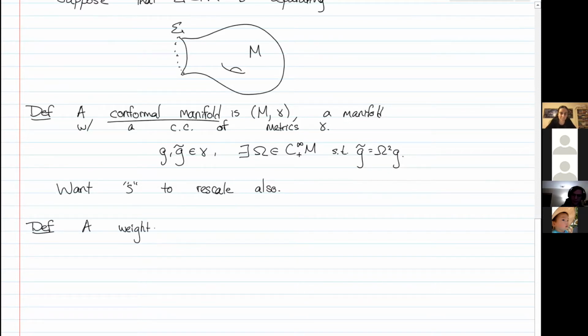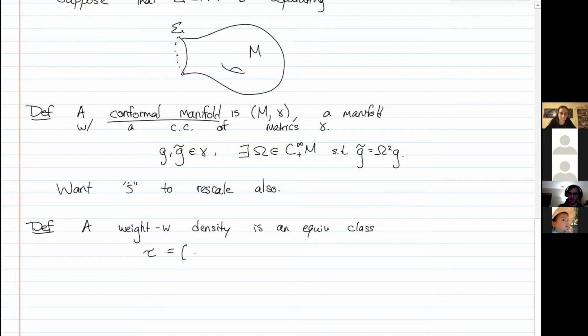A weight W density is an equivalence class, let's call it tau. By the way, I'm going to be using Greek letters for the equivalence classes, the densities and the conformal versions of the Riemannian things, and Latin letters for the representatives themselves.